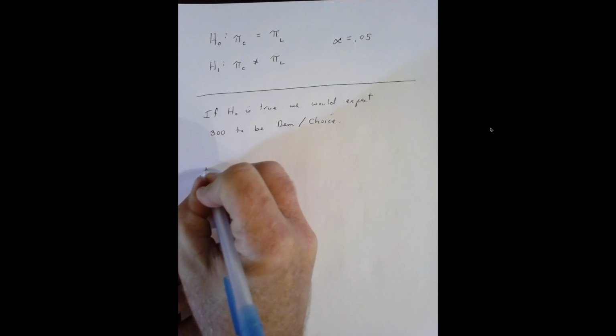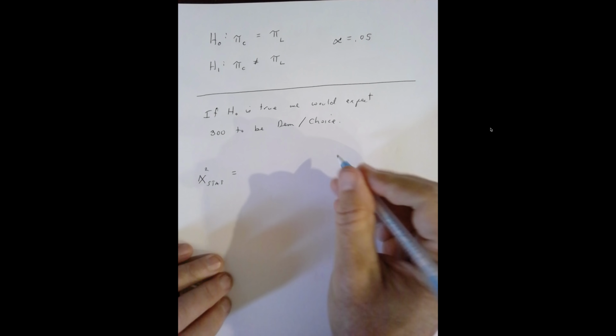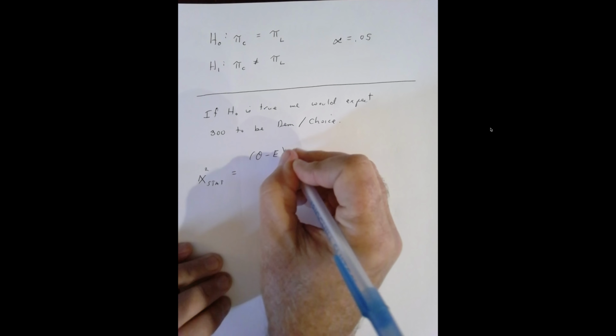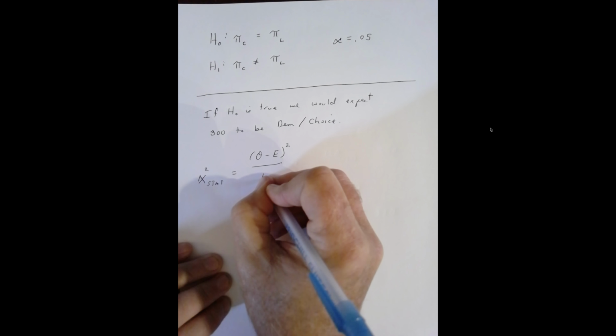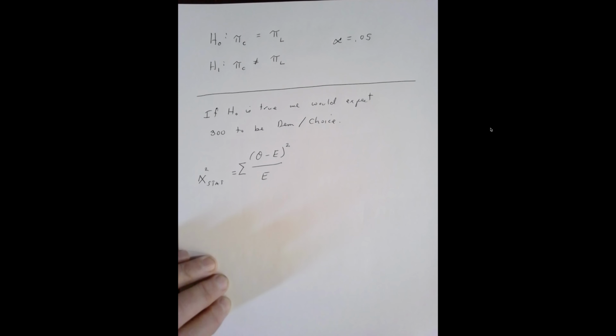Well, the chi-square statistic is all about comparing the observed minus the expected, squared, over the expected for each of these. So we're going to sum these up for each cell count.